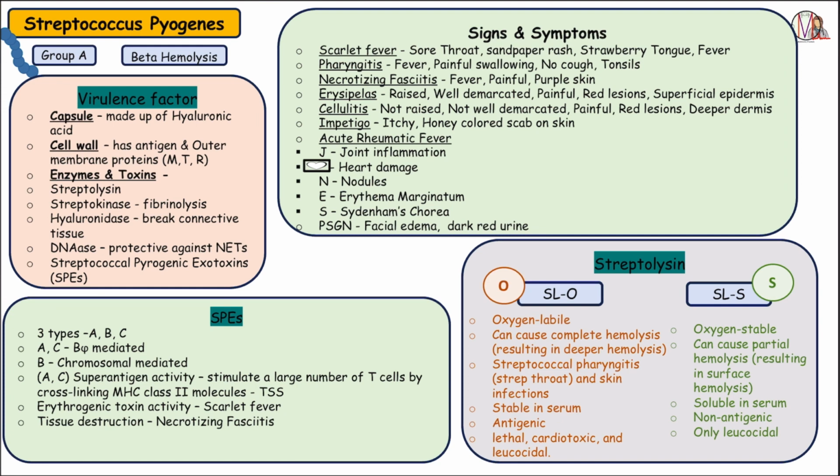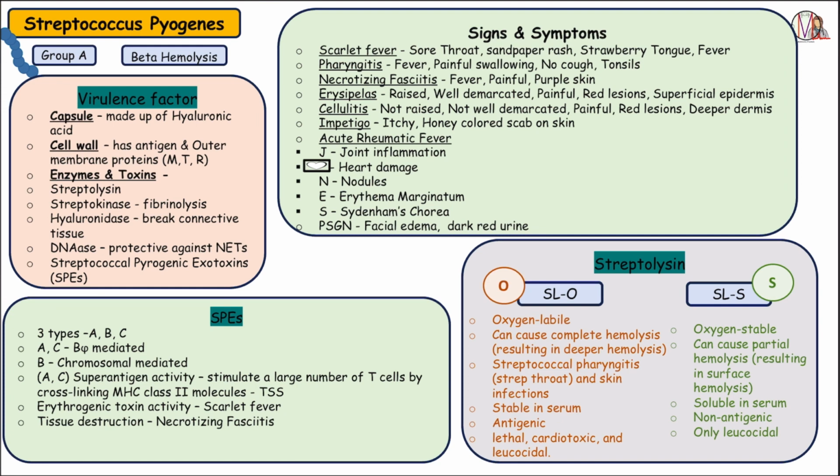The signs and symptoms for erysipelas and cellulitis is very important to differentiate between both of them. Erysipelas is raised, well demarcated, painful red lesions which affects the superficial epidermis. Whereas for cellulitis, it is not raised, not well demarcated, but it is painful red lesions and it affects the deeper dermis. As for impetigo, it is itchy, honey colored scab on skin.